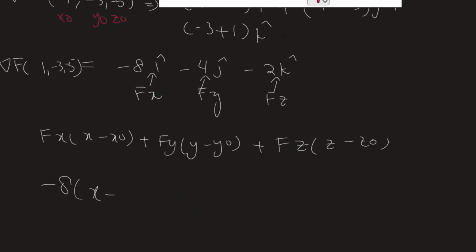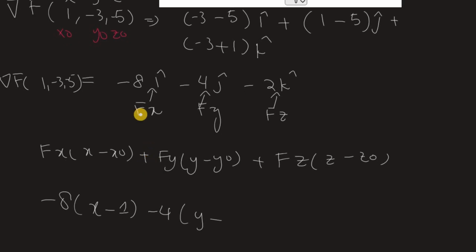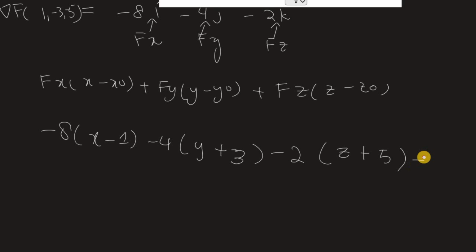So the x0 is 1, and f of y, that's -4, y minus, and it's already negative in the point, so that's -3, which is obviously a positive 3 then. And then f of z, it's -2, and then z minus z0, that's -5, so it's going to become positive 5, and then equal to 0.